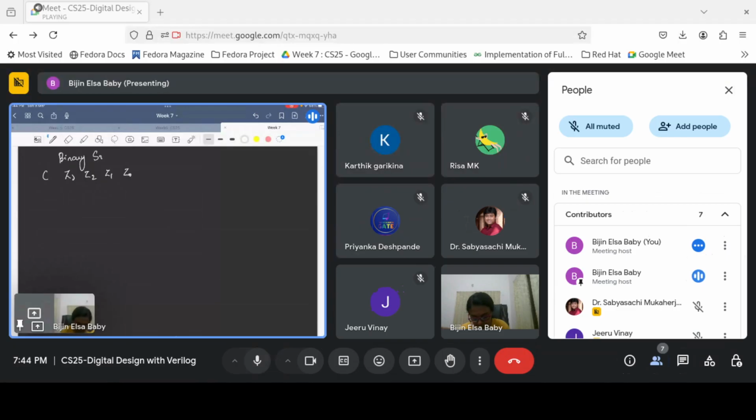This is the binary adder result. You can have from 0 to 19.